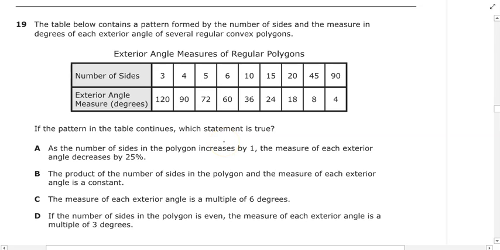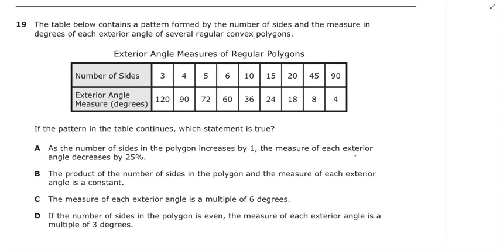As the number of sides in the polygon increases by 1, the measure of the exterior angle decreases by 25%. Is that true? So 25% of 120 is 1/4 of 120, which is 30. So it does decrease by 30 from 120 to 90. So on the first one it does, but let's check some other consecutive ones.